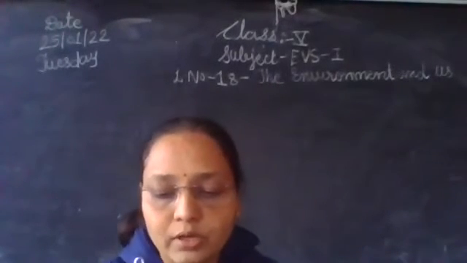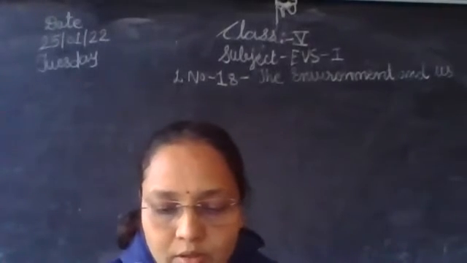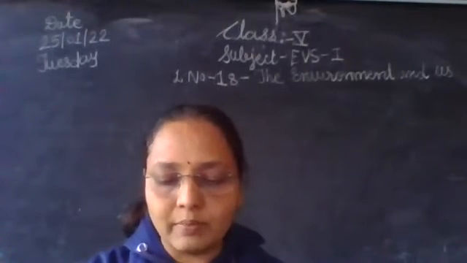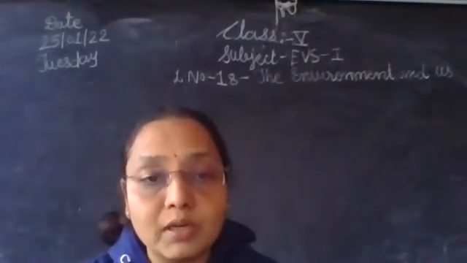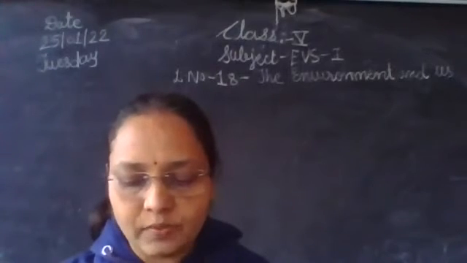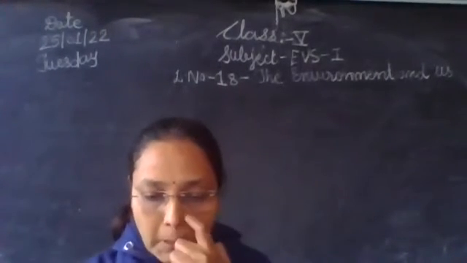Tigers are going to be extinct, and sparrows are also decreasing, right? Make a list of animals and plants that are going to be extinct. It is your homework.